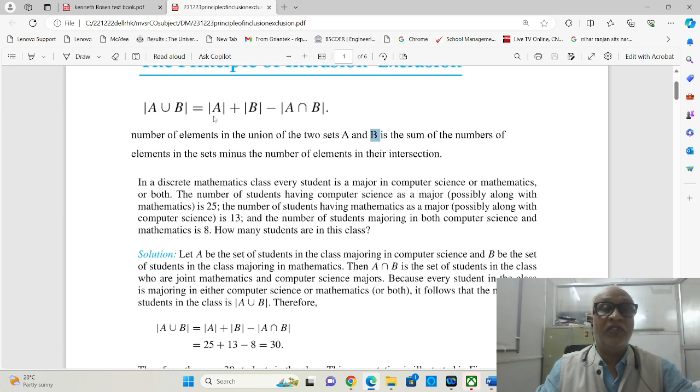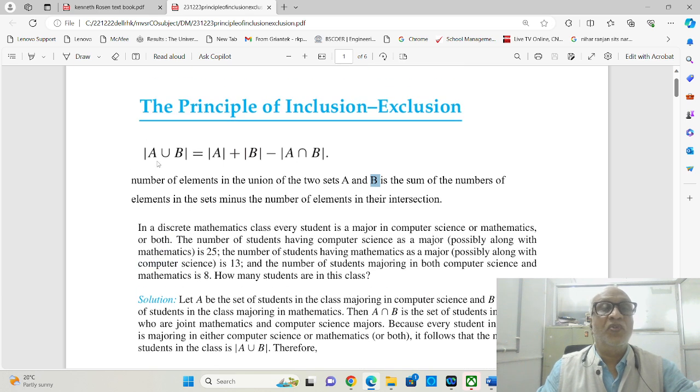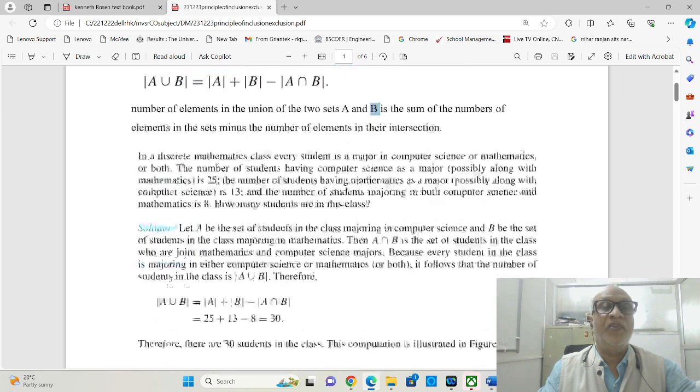It is elements in A plus elements in B minus A intersection B, which occur repeatedly. So this is the formula we will stick to. Number of elements of A union B is equal to number of elements in A plus number of elements in B minus A intersection B.